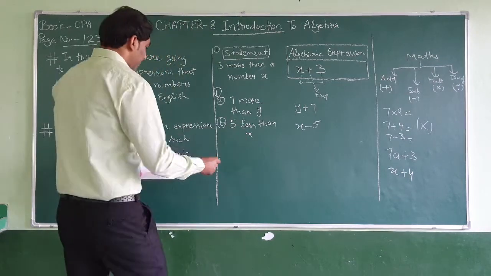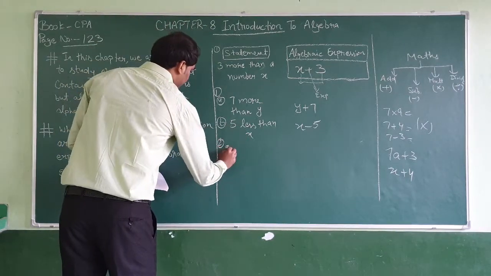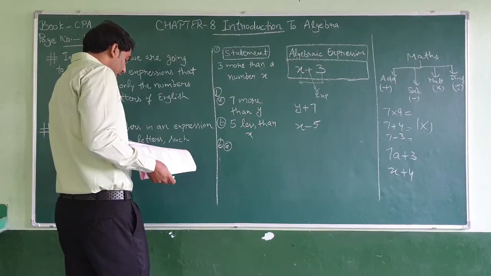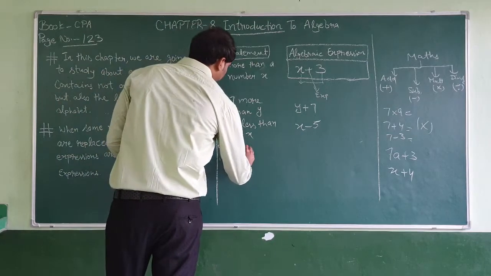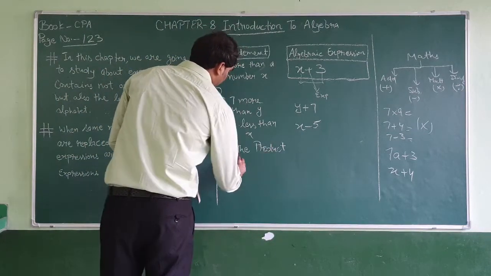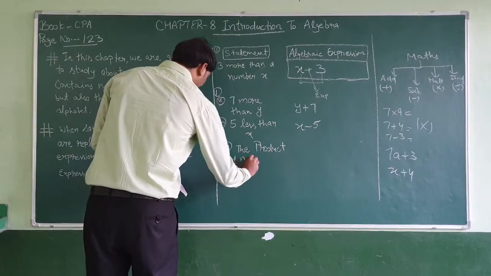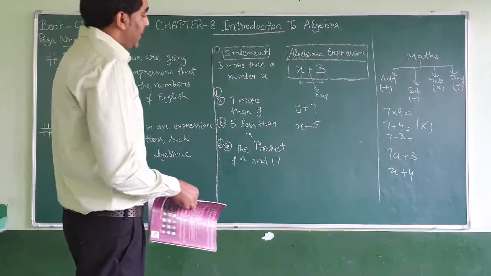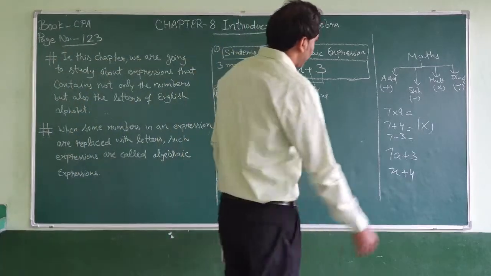Question number 2, part A. What is the statement? The product of n and 17. Actually, the operation we will use is multiplication.